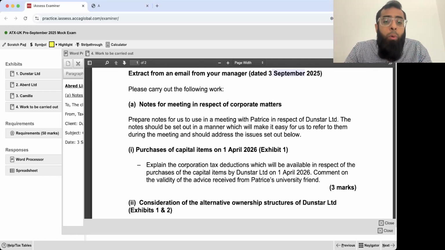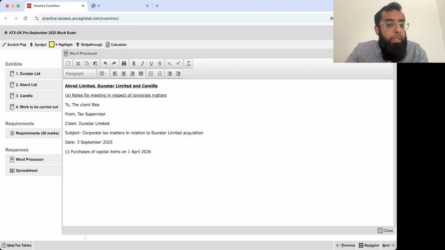Now we are looking at part 1, which is purchase of capital items on 1st April 26. I will paste that here, and this is my first requirement of 3 marks. Many students say to me, sir, we are not able to start the question in the proper manner.